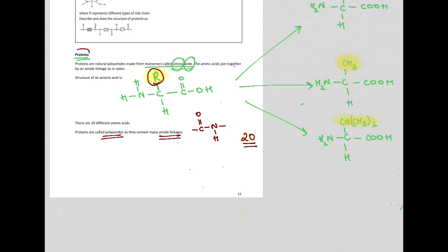So proteins are polyamides, natural polyamides. So I'm going to have multiple amide linkages. So I'm going to have a box, amide linkage, a box, and then amide linkage, a box, and then amide linkage, and so on.